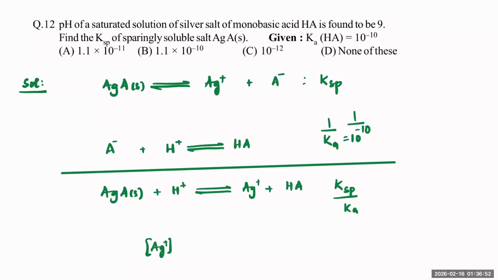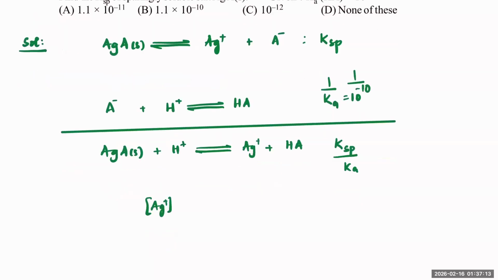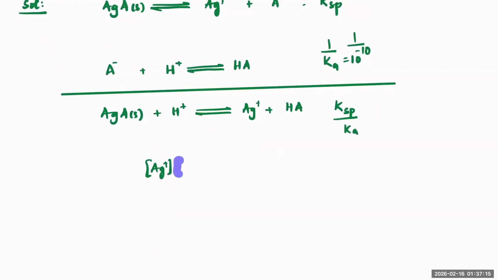Monobasic acid is given as HA here. Ka value is given. Ag plus concentration into HA concentration divided by H plus concentration. That should be equal to Ksp by Ka. Okay, just a second.